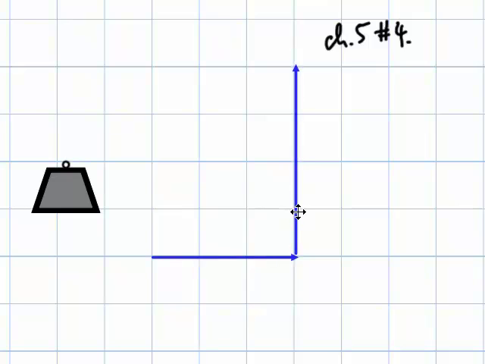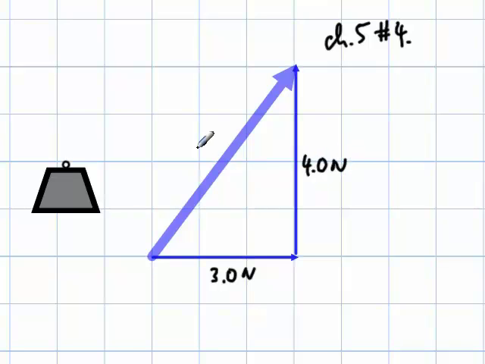And of course my scale was, this here would be 3 newtons and this is 4 newtons, and the resultant would be this one here. We actually had that earlier. So 3.0 newtons, 4.0 newtons, and the result comes out to 5.0 newtons because we did that earlier.